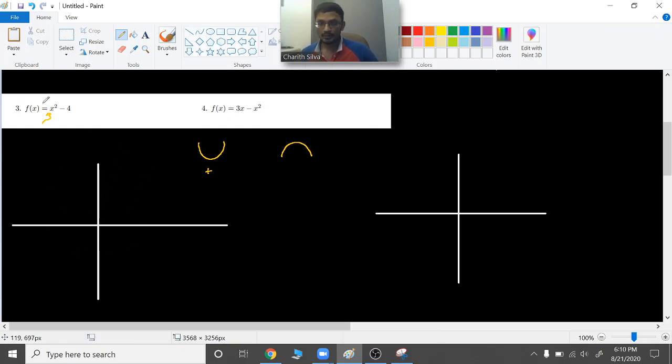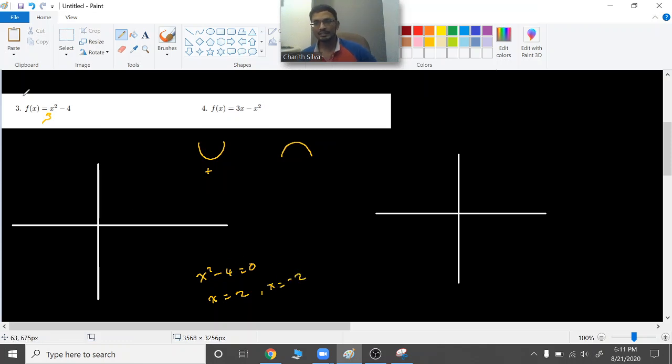Since these are very simple formats, you can just equate the function x squared minus 4 to 0 and solve for x. So x will be equal to 2 or x will be equal to negative 2.